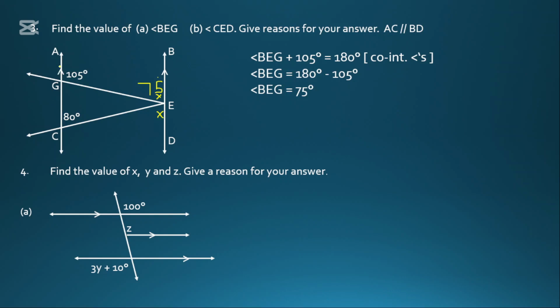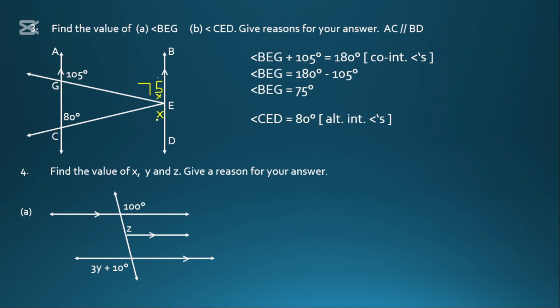But here we have a parallel line, a transversal, another parallel line, opposite sides, and we have alternate interior angles here. So CED is equal to 80 degrees, alternate interior angles.